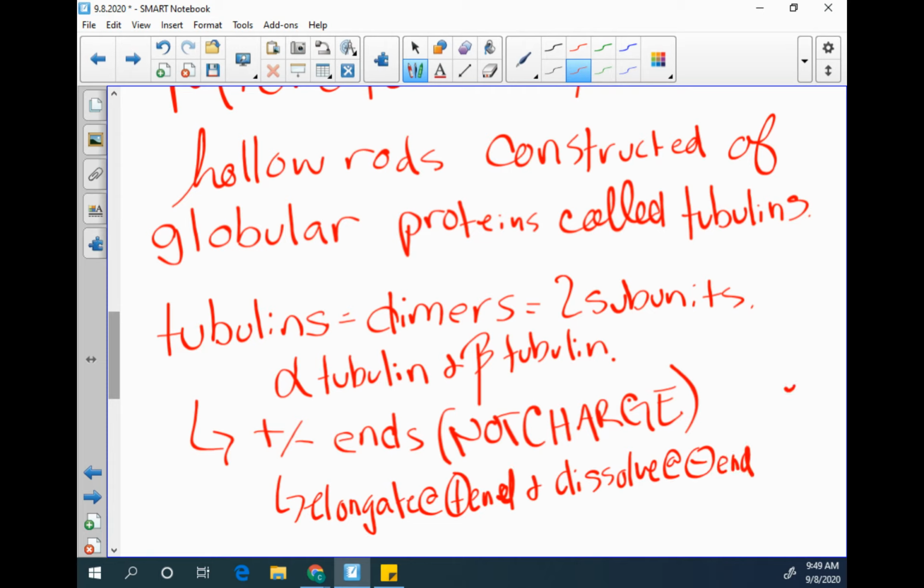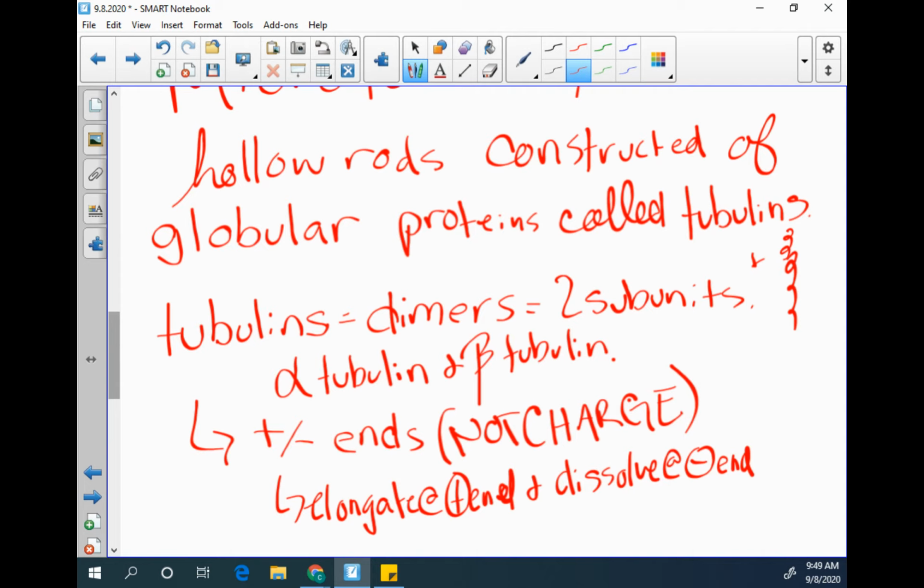So this is our microtubule. We'll get into structure later. If this is the plus end and this is the minus end, essentially it would grow from the plus end and shrink from the minus end. Does that make sense?